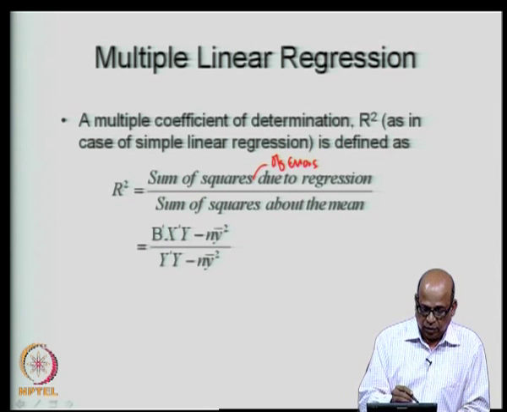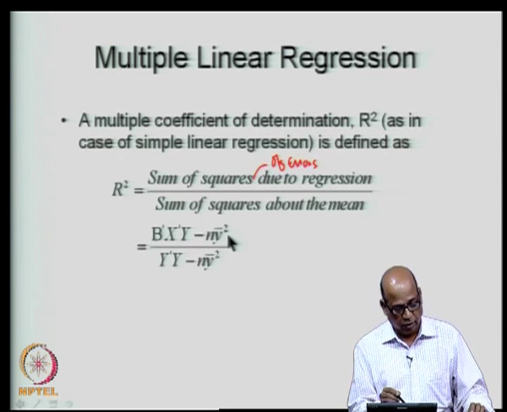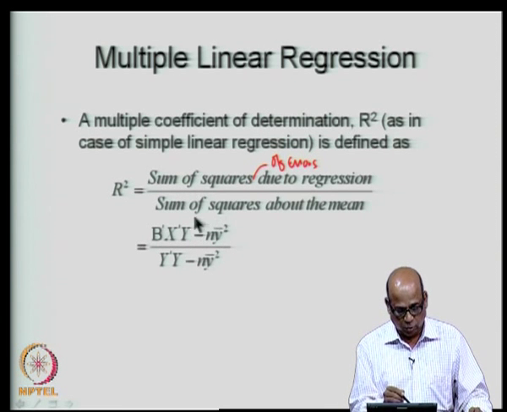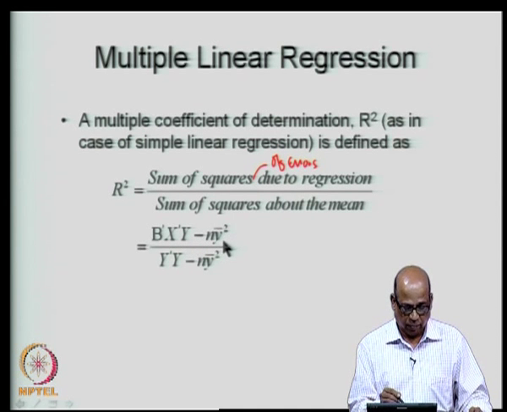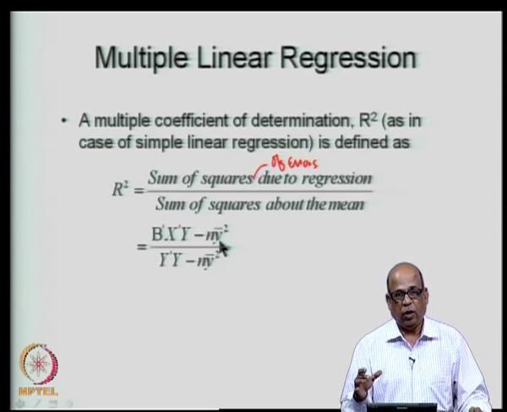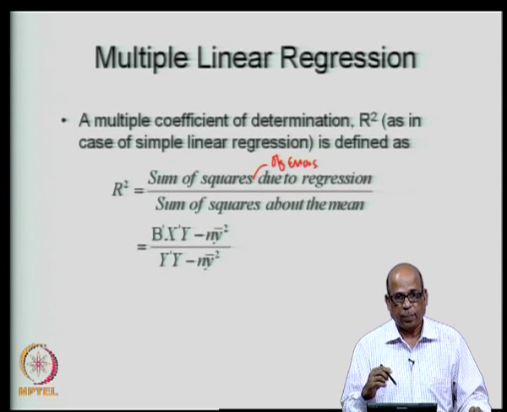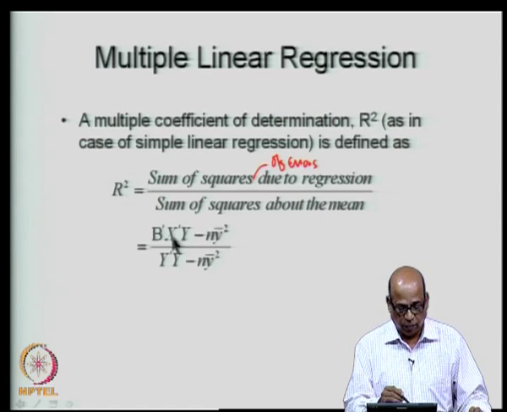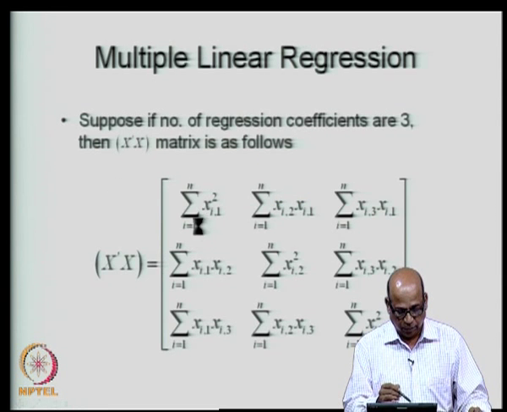So, we define R square as b dash x dash y minus, this can be shown to be this expression, b dash x dash y minus n y bar square, where y bar is the mean of the y data. And x dash y is what we have computed already.